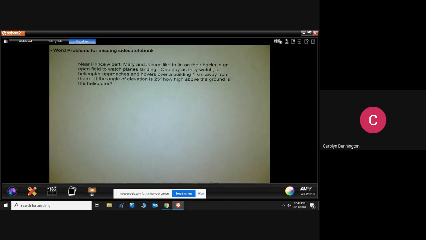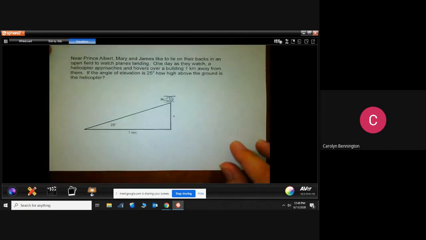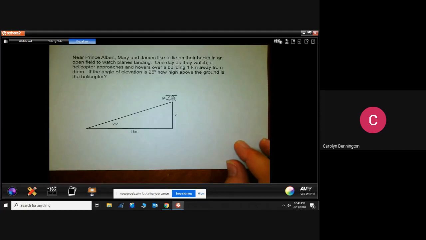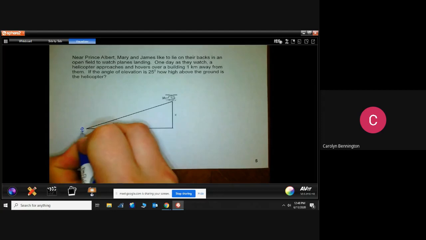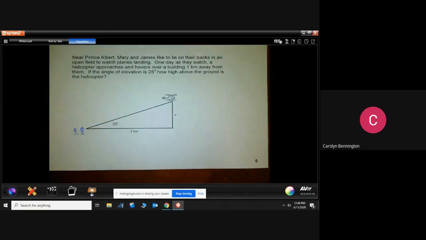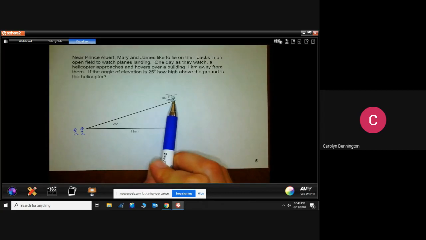So again, we want to draw a diagram of this. So in this diagram, this is where Mary and James would be lying on their back in a field. Okay, so these are the two people right here. Okay, 1 kilometer away is where the helicopter is hovering above this building.